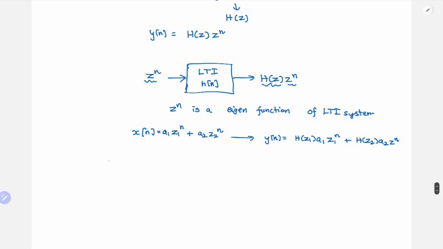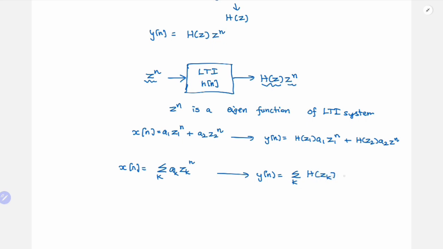Okay, so now similarly, if I'm able to represent x of n as a linear combination of these z, let me call it z k, so a k z k power n and sum over k, then my output will also be of similar form, only the coefficient is going to get modified a little.